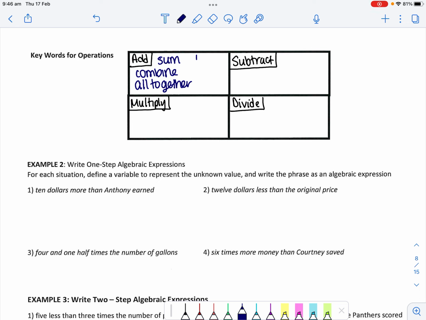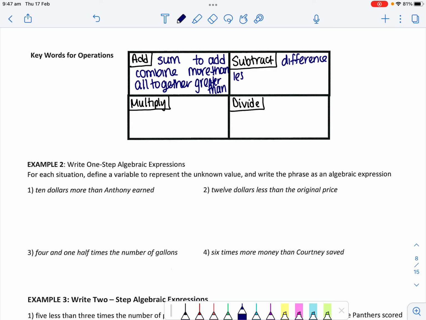We can say to add. We can say more than. We can say greater than. I'm sure there's more that I'll think of as we go through these or as I look at the examples. For subtraction, we're going to find the difference.